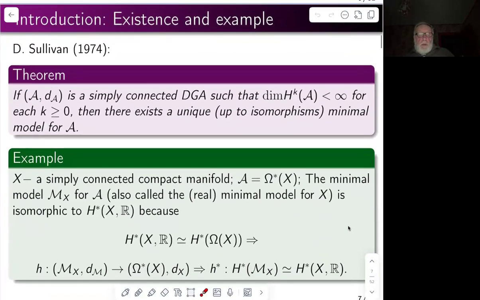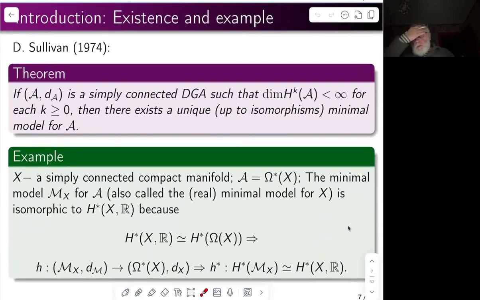Why is all this algebraic formalism, algebraic nonsense, as Lang called homological constructions, interesting, and where did it come from? This notion goes back to the American mathematician Dennis Sullivan, who studied in the early 70s so-called rational homotopy types.